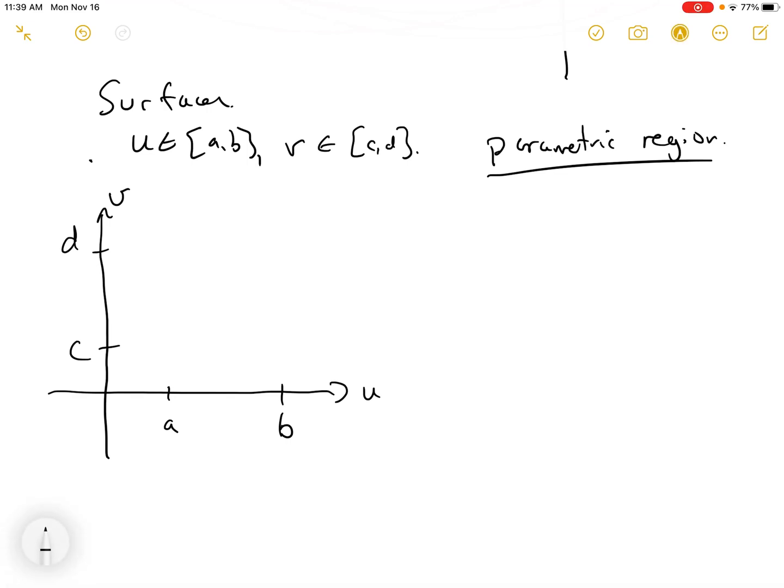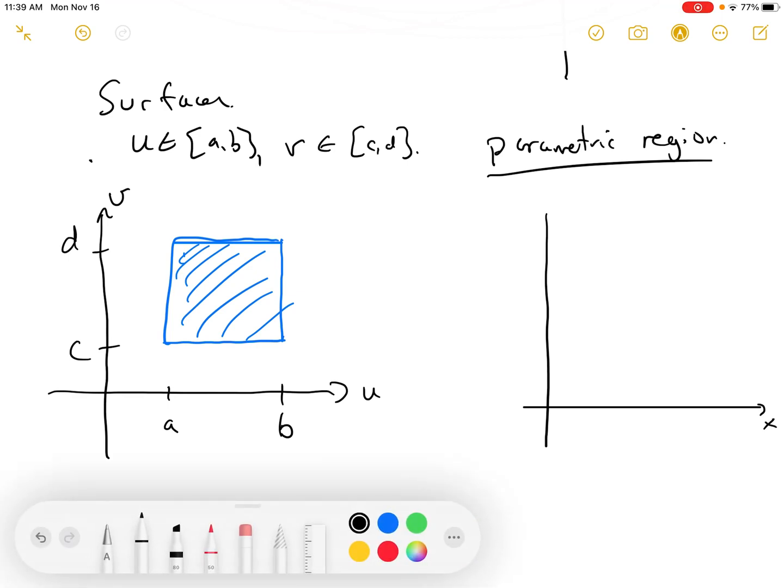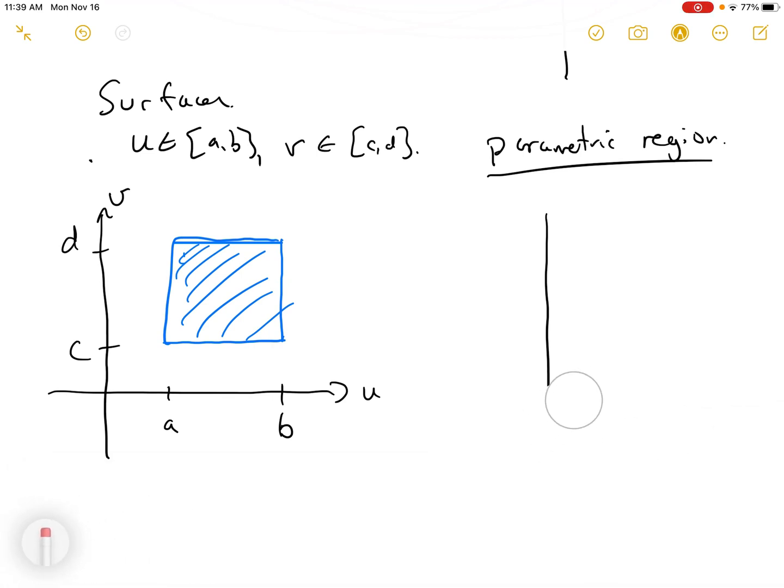Let me get some pretty colors in here. I'm going to make this blue. Okay, so if you look at this rectangle, this is the parametric region. All of this, all the points in here and on the boundaries. Okay, and then over here, I'm just going to stick with quadrant 1, just because it's cleaner. There's x and, oops, I forgot I'm doing the 3-space example.